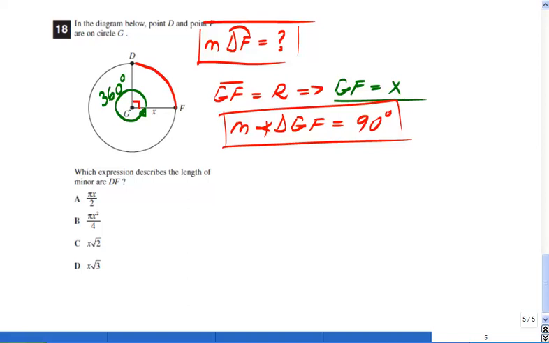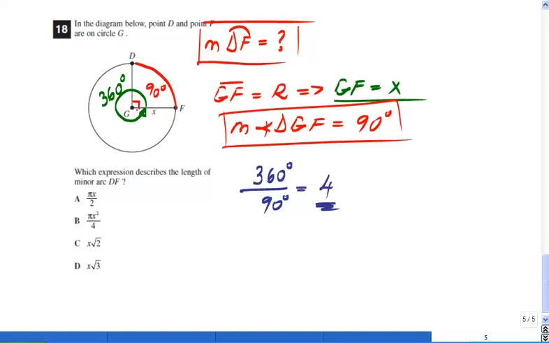But this part right here, DGF, is how big? 90 degrees. Which represents, let me use a different color. 360 degrees and 90 degrees. 90 degrees, an angle of 90, a center angle here, of 90 degrees, is what part of the whole circle? Well, is the fourth part, right?